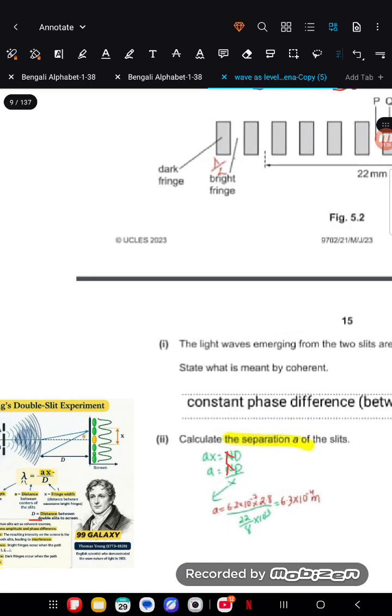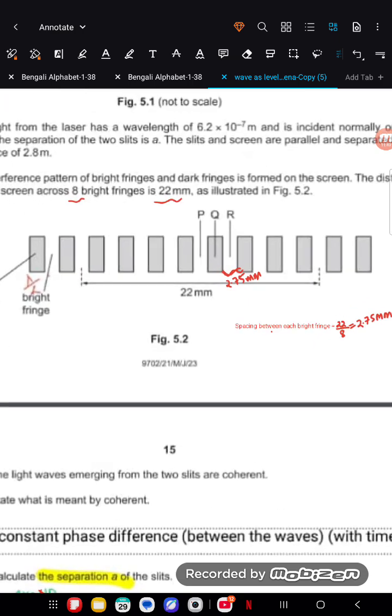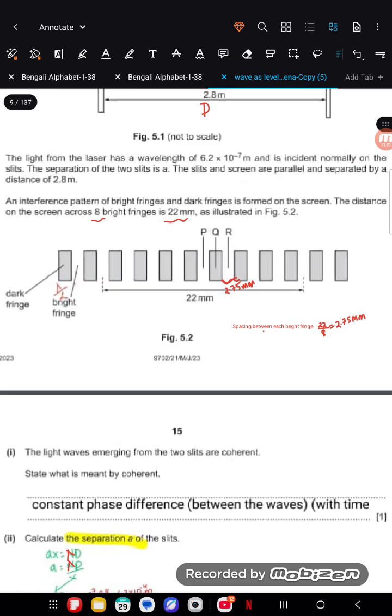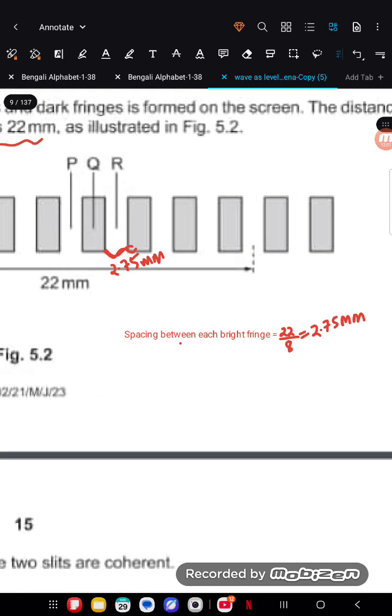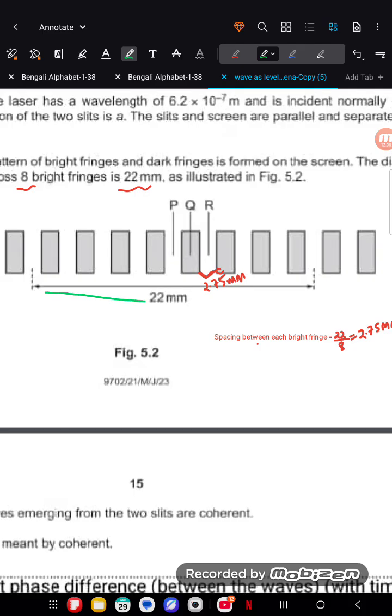Now you can see they have given you so many bright and dark fringes. So how many bright fringes are there? 1 2 3 4 5 6 7 8 9 10. Here they wrote there are 8 fringes.